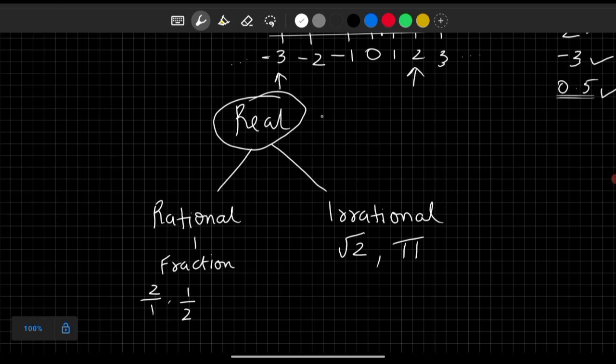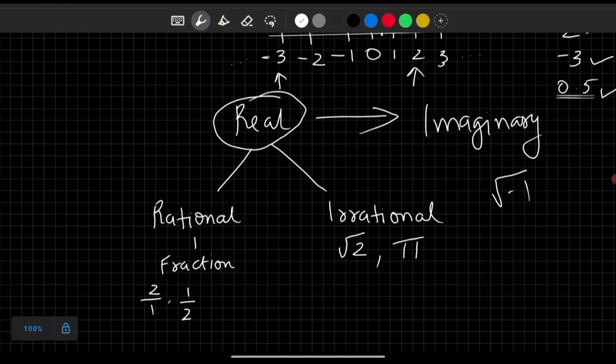Okay, now we talked about real numbers. Now, what is the opposite of real numbers? The opposite of real numbers are known as imaginary numbers. Now, what are imaginary numbers? Imaginary numbers are numbers like the root of negative numbers. For example, what is the square root of -1?